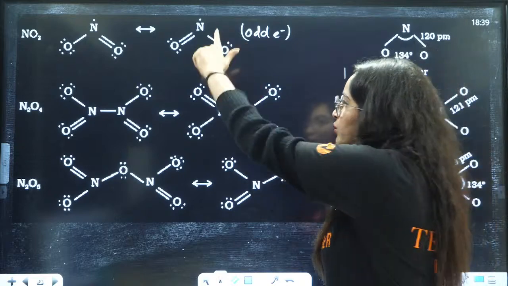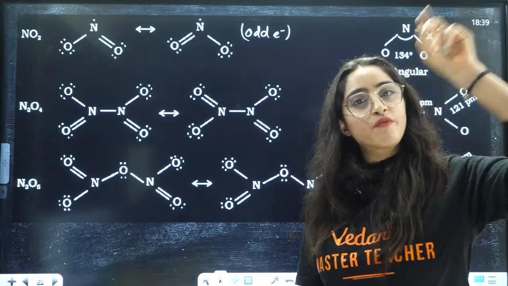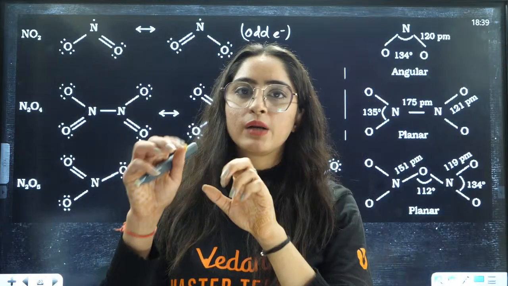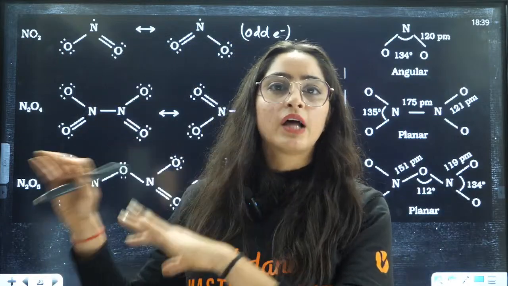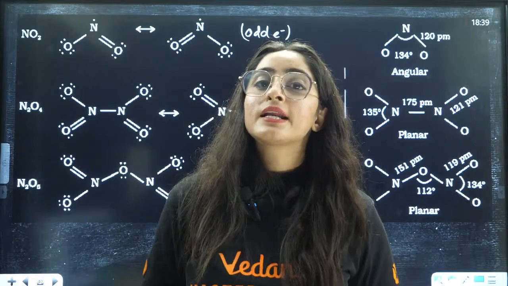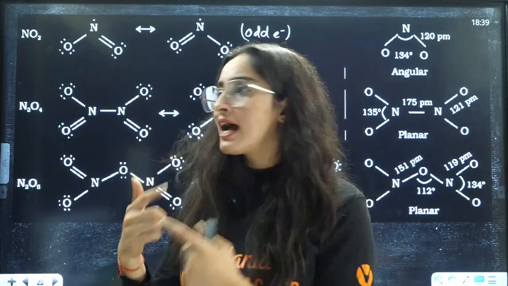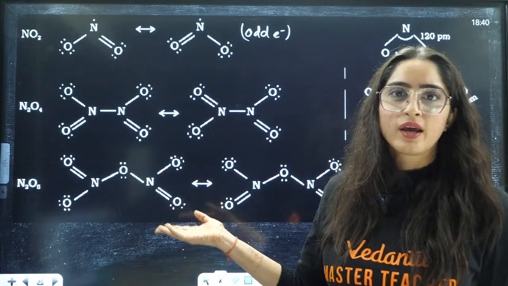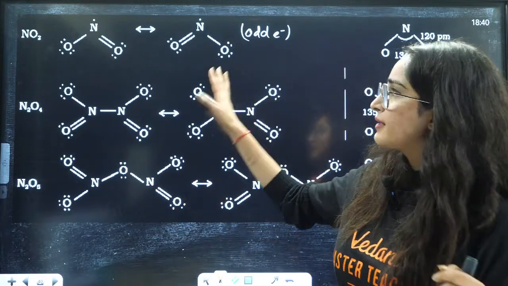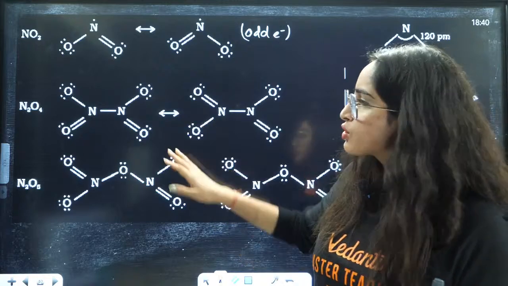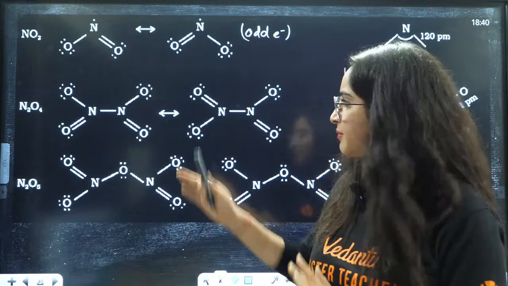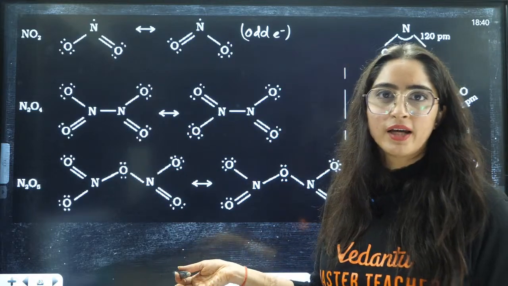So try to do it yourself the same way. If you don't remember anything from chemical bonding, just type the lecture chemical bonding Lewis dot structure by Diksha ma'am, Vedantu NEET English. You will get that. Revise that and try to draw these structures, because you don't need to remember these. Odd electrons are the exceptions. The rest you can form with the help of Lewis dot structures, and some of them I have already made in Lewis dot structures.